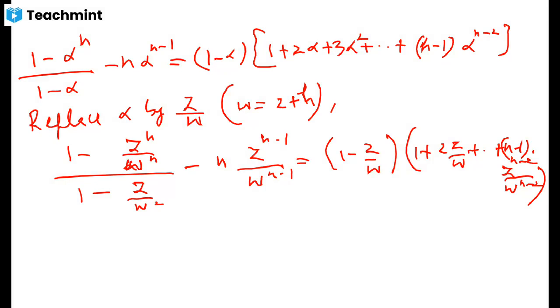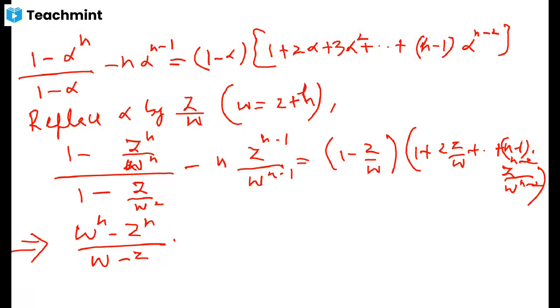So simplify the left hand side first. What you will have is w to power n minus z to power n, and in the numerator you will have w minus z, and you will have w to power n minus 1. You will have w to power n minus 1 left, and you have w to power n minus 1 in the second term also.